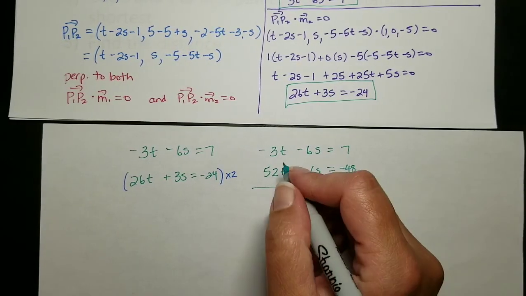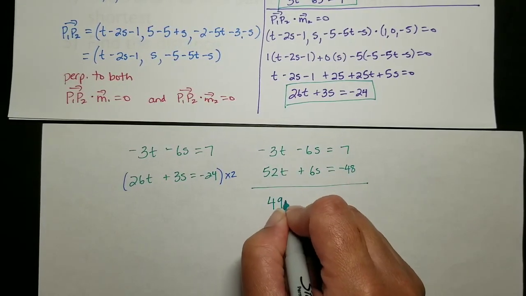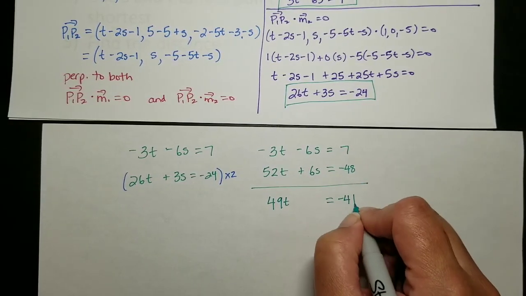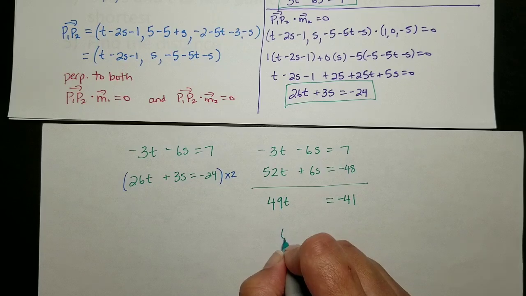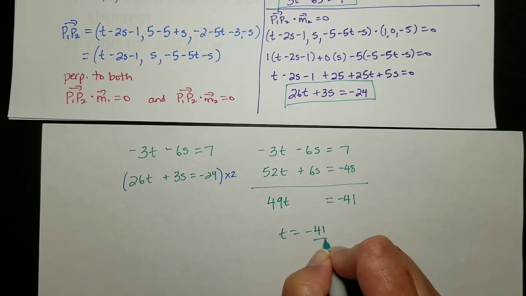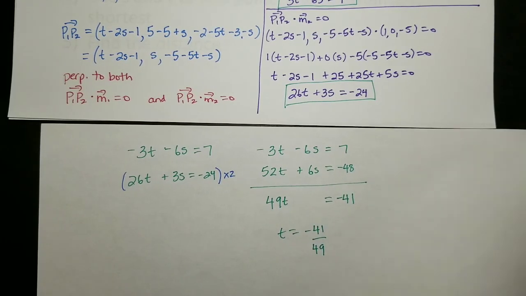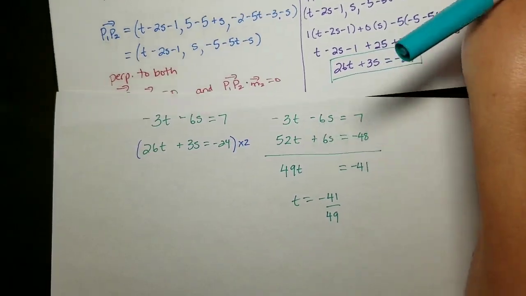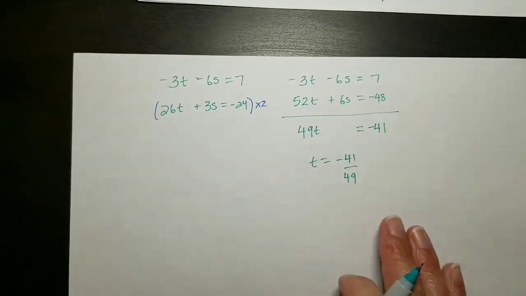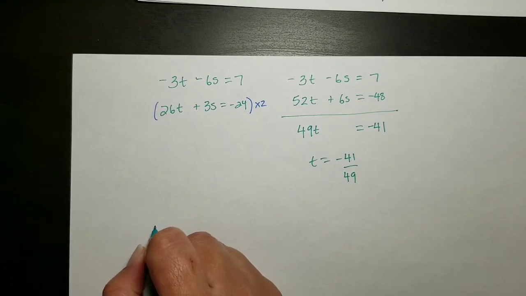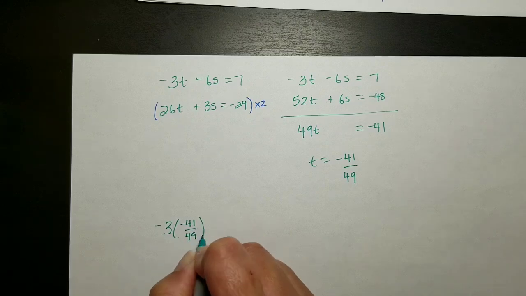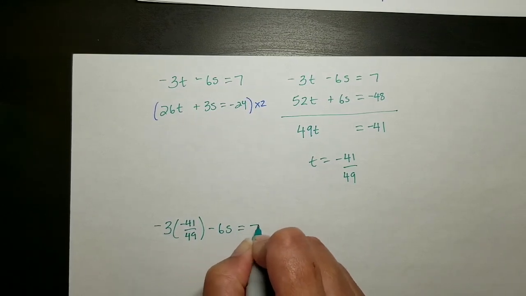Adding down to eliminate these, I get 49t equals negative 41. Oh dear. T equals negative 41 over 49. And then I'm going to sub that into either one of these equations. I'll just use the first one, negative 3 times negative 41 over 49 minus 6s equals 7.